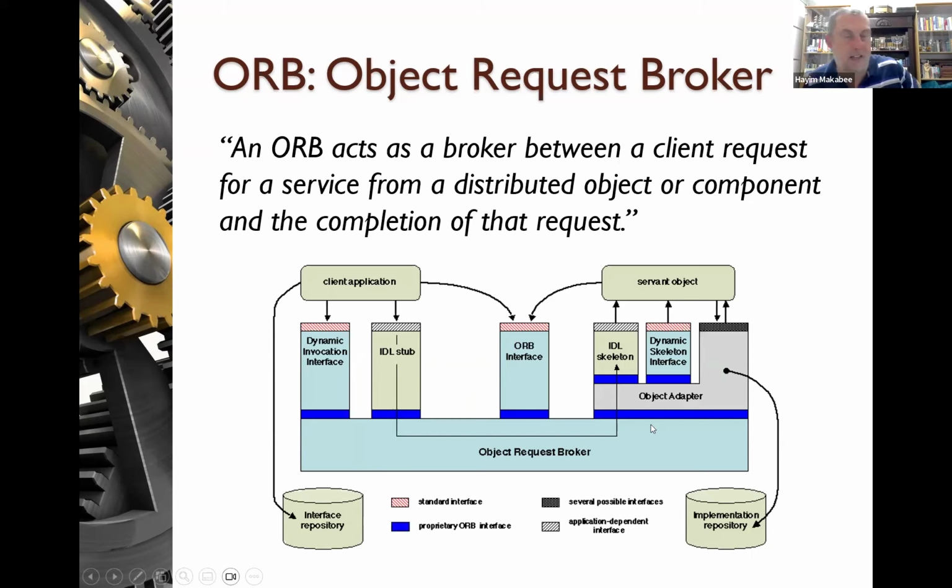So this is very elegant because it enables you to build a distributed system in which you have many objects, and you don't need to know the location of the objects. You don't need to have an address. You just call the broker, and the broker will send the request to the right object. And these objects, as I said, can be implemented in different programming languages.